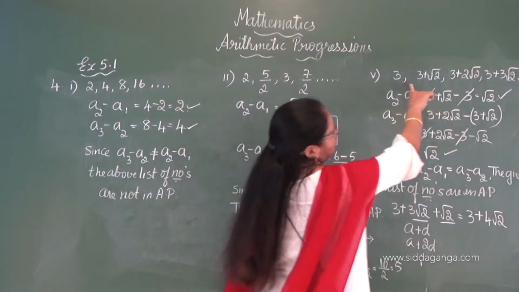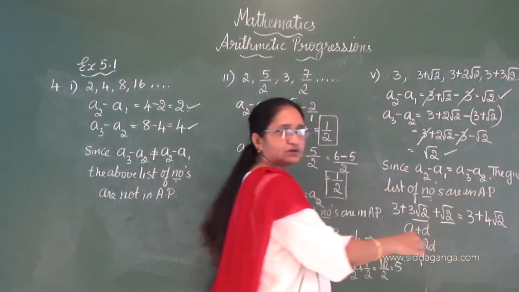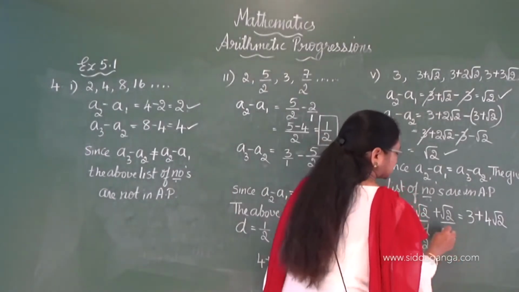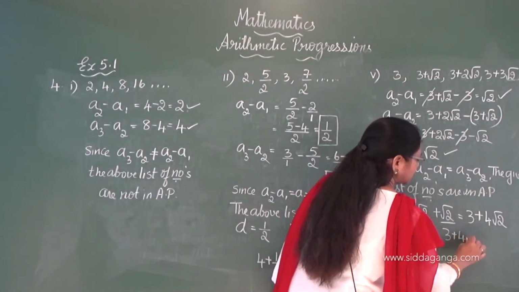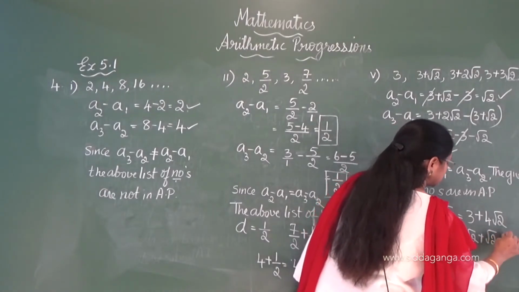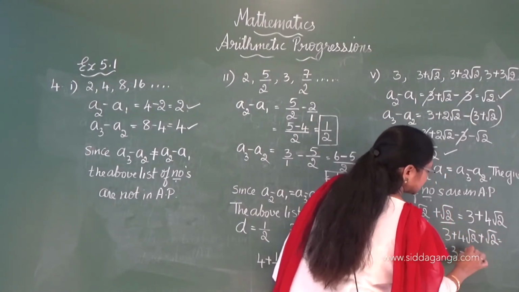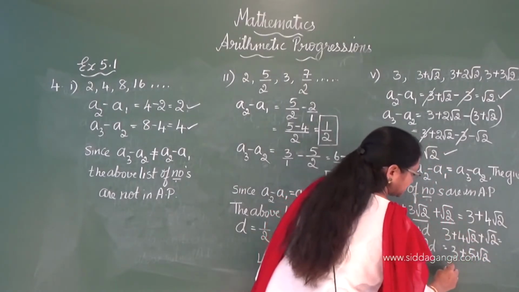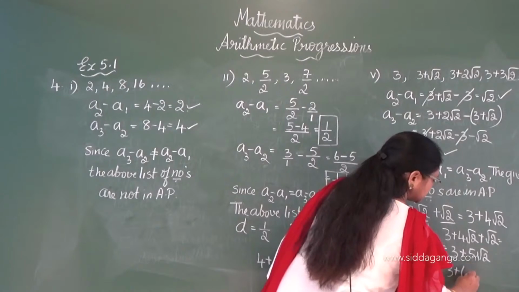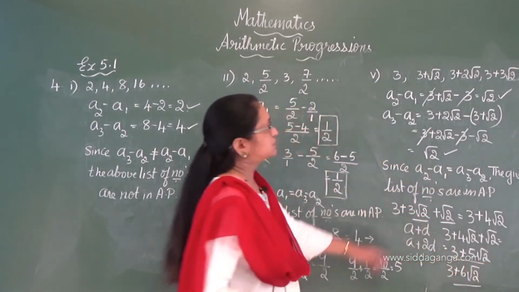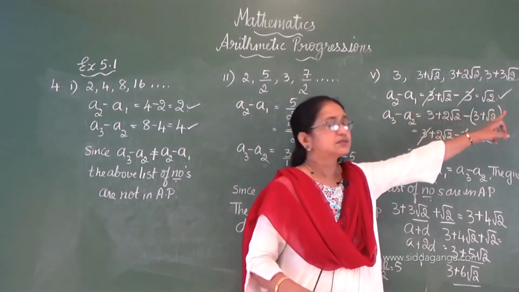Again you can assume without calculating, but you have to show the steps. Next 3 plus 4 root 2, for that again add root 2. So it gives you 3 plus 5 root 2. And of course the last term, one more term, 3 plus 6 root 2. So like this you can write the other 3 terms.